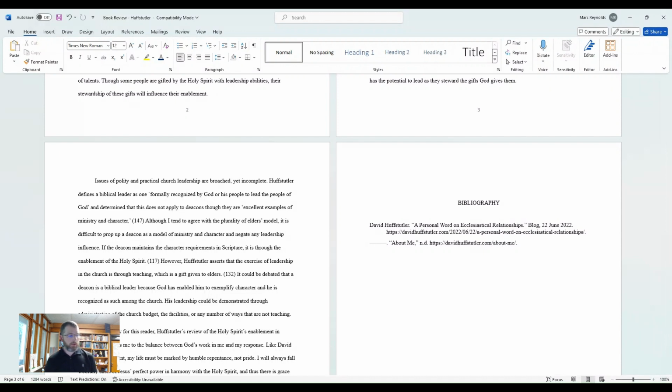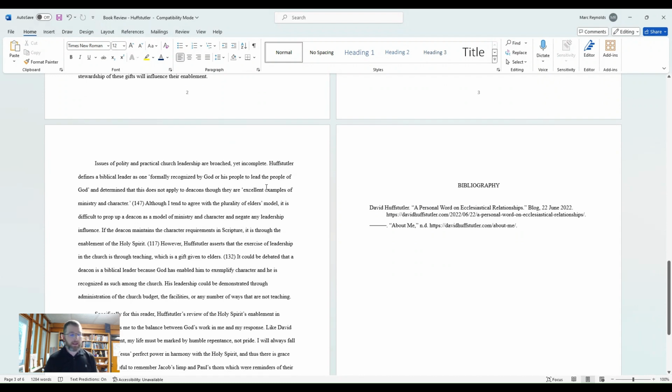Here you'll notice, perhaps you can see this in this paper, I pointed out that Huffstetler, while he was making this assumption about the spiritual gifting of leaders, pretty much did not talk about how that impacted church leadership. I felt like he really left a lot of that out there to be discussed, and perhaps that was not his purpose, but he didn't identify those parameters when he began.